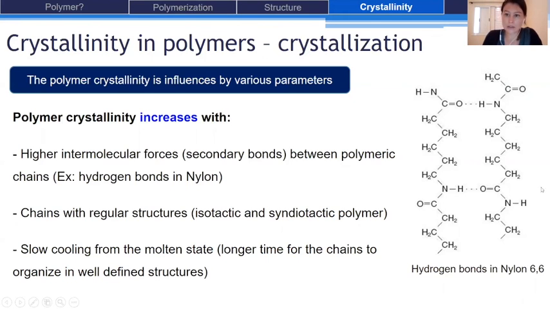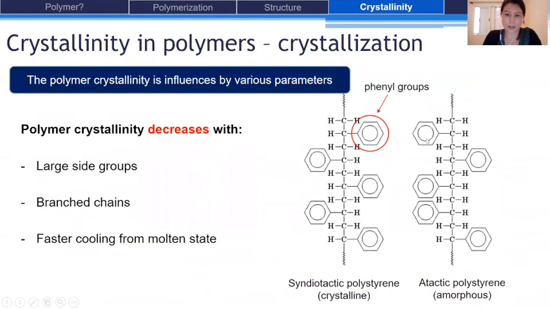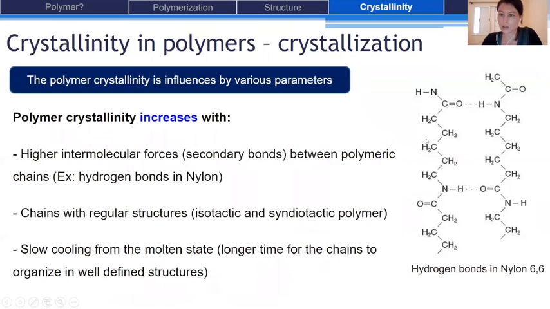It is the case of nylon. You can see the chemical structure of nylon right here. And so you have hydrogen bonds that are formed between one chain and another. So in nylon, the formation of crystals is facilitated.